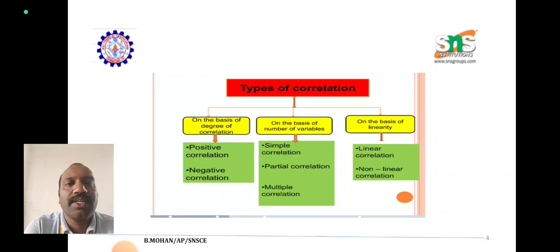So in correlation there are three types. One is on the basis of degree of correlation.